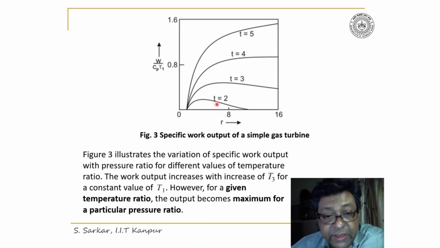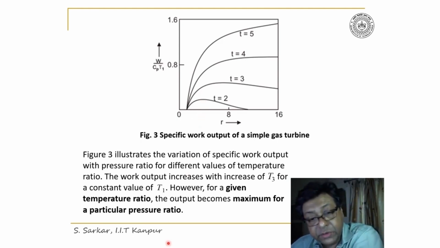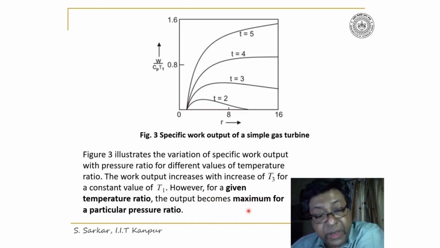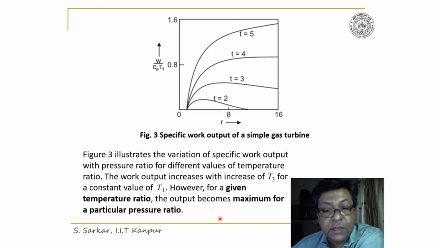Say, look, when t is equal to 2, at around this point which I have indicated here, the specific work output becomes maximum. So this is a very important point I have written. For a given temperature ratio, the specific work output becomes maximum for a particular pressure ratio. Now in the next slides, I'll show the condition when we get the maximum work output.